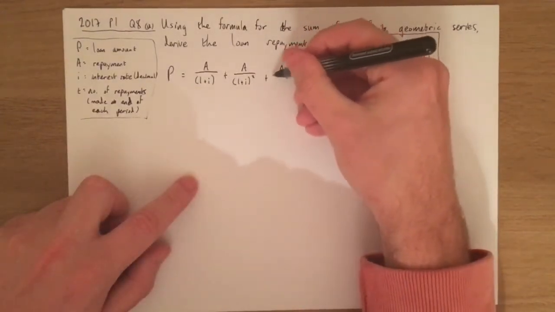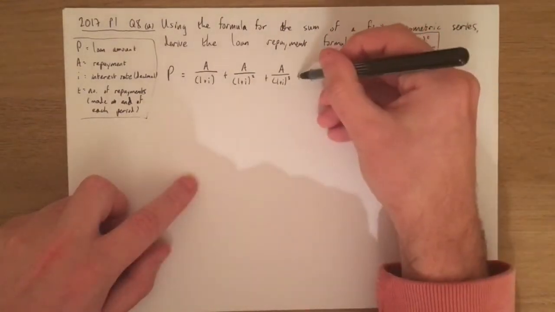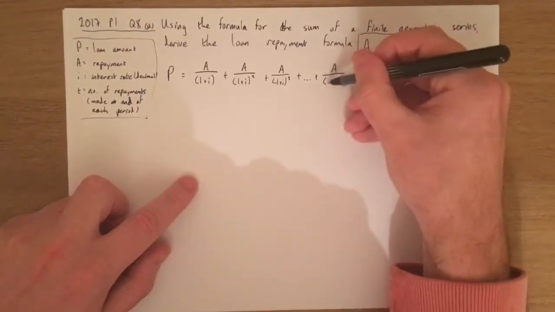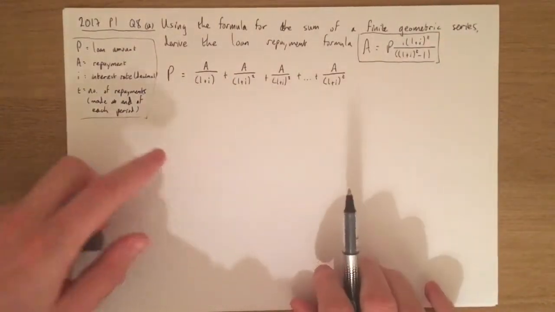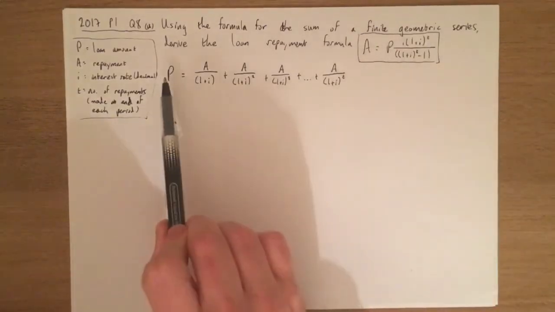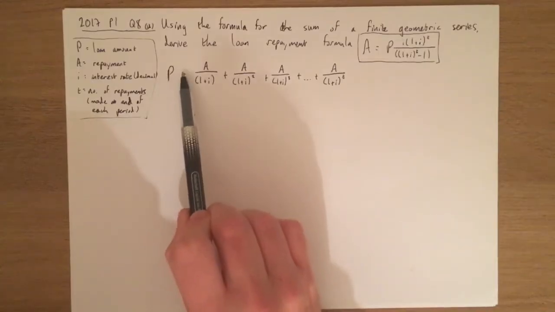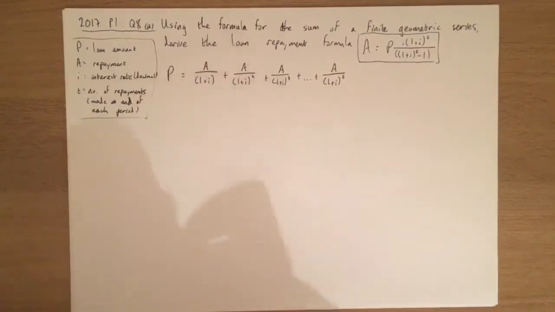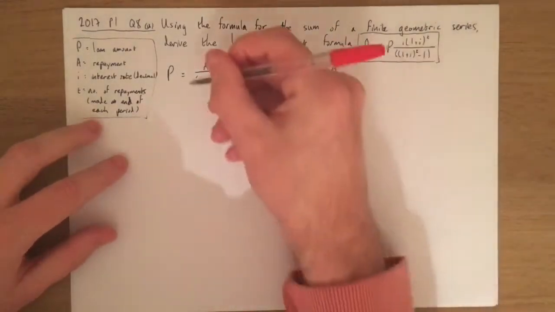And then another repayment, discounted 3 times, until the last repayment at the end of the final period is discounted t times, however many years or months we have the loan for. So the amount we are borrowing is equal to the present value of all future cash flows added together. So you've got a geometric series there.